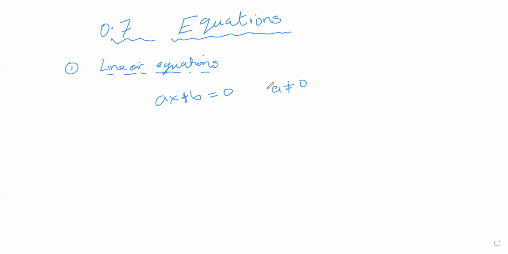A linear equation in variable x is of the form ax plus b is equal to 0, a different from 0, and a and b are constants.